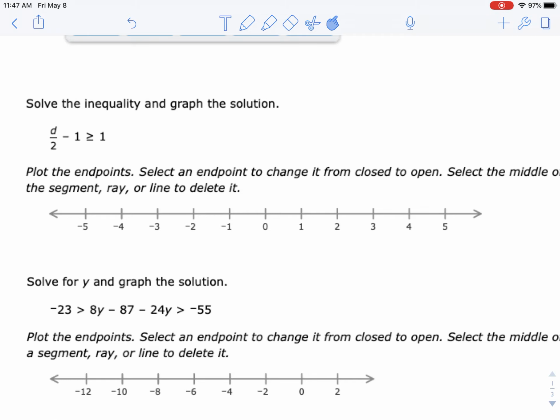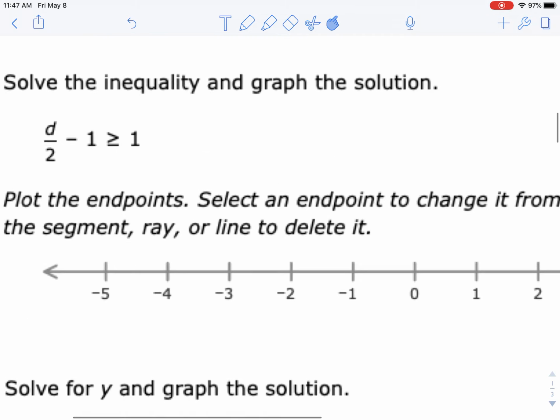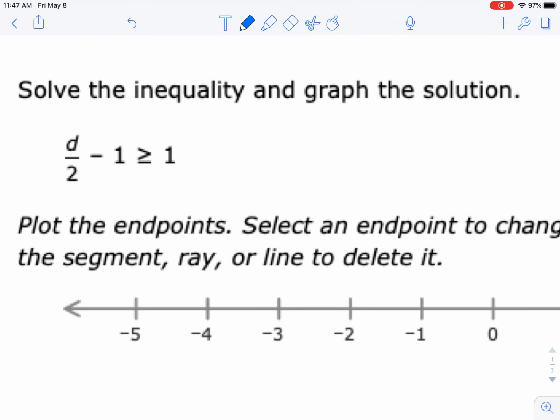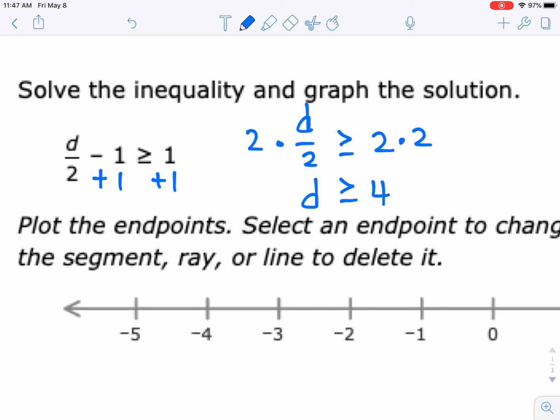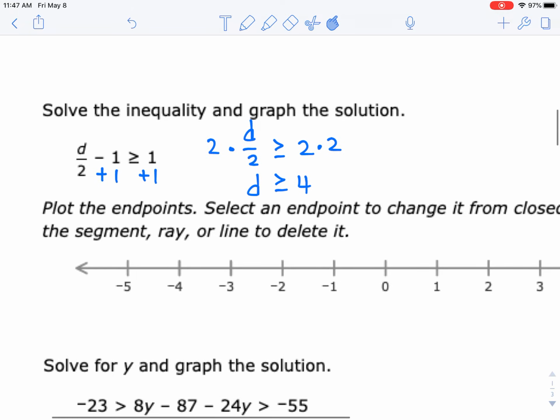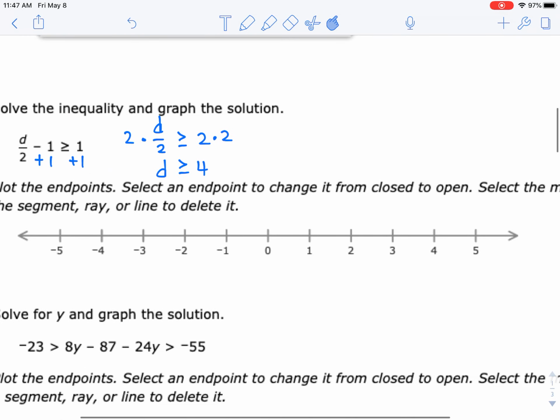This one we're going to solve the inequality and graph it. So solving the inequality first, we have to add 1, and then multiply by 2. So you get greater than or equal to 4.